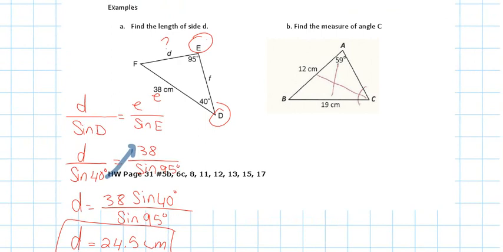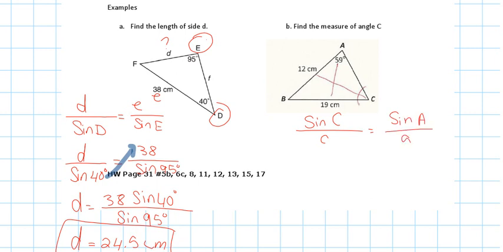Okay, so let's set up the ratios. So what would the ratios be? Sine C over C equal to sine A over A. Okay, so this is side A, this is side C. Okay, now since I chose my formulas, all I have to do is plug in the information.